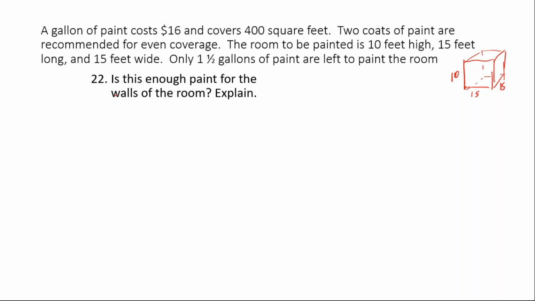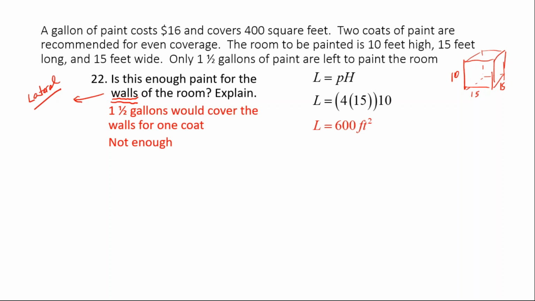Okay, key thing, if it's the walls only, that is the lateral surface area. So if I calculate my lateral surface area, I find that I need 600 square feet. This is from the room, the lateral, but 1.5 gallons is not enough for 1 coat, because 1 gallon up here covers 400.